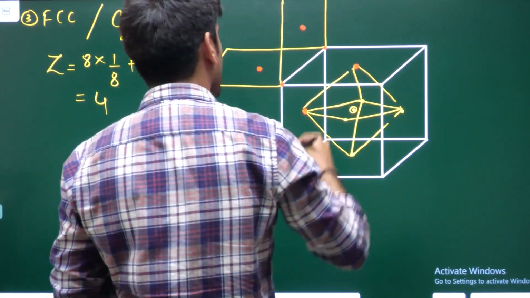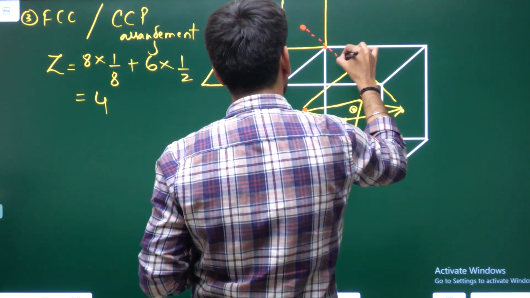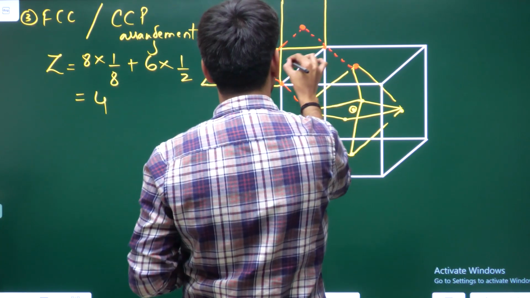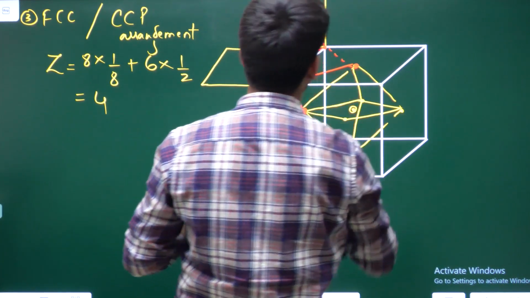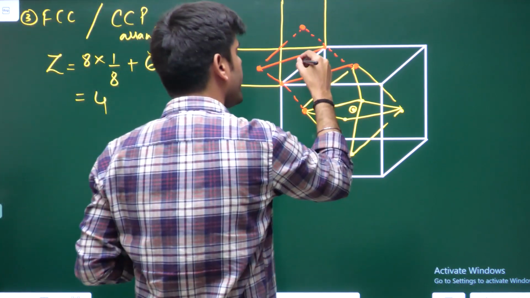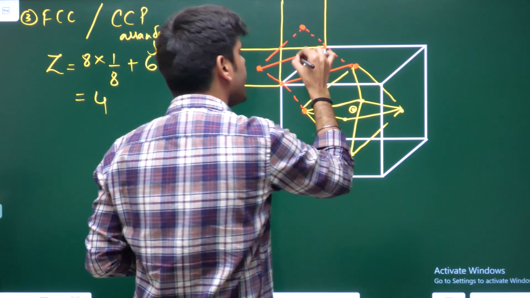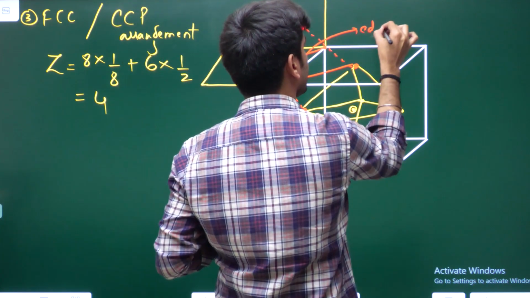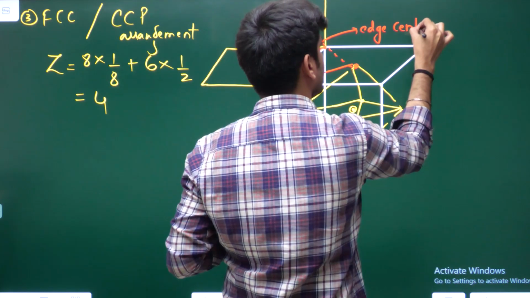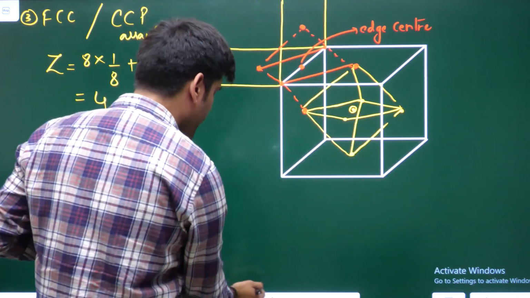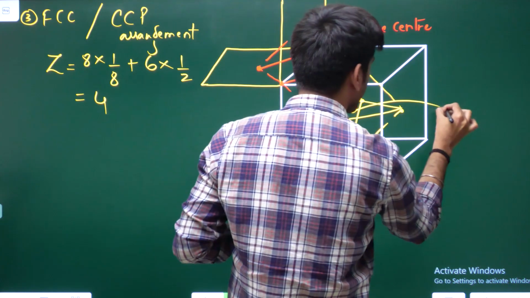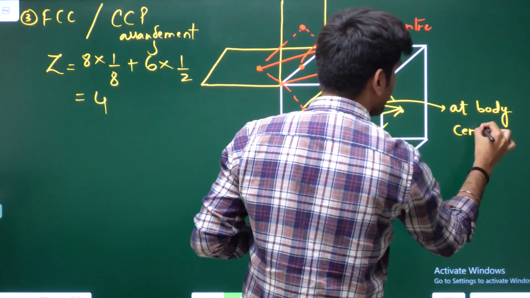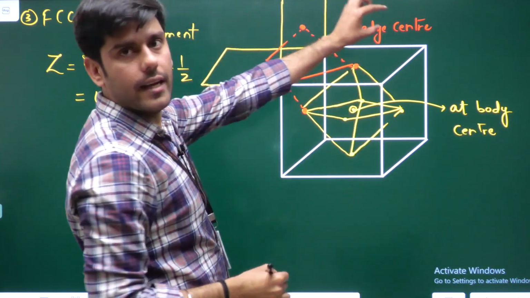What I see is that I get another kind of octahedral void, and this time it is present at the edge center. So we have got 2 types of octahedral voids: one at the body center, and the second at the edge center.